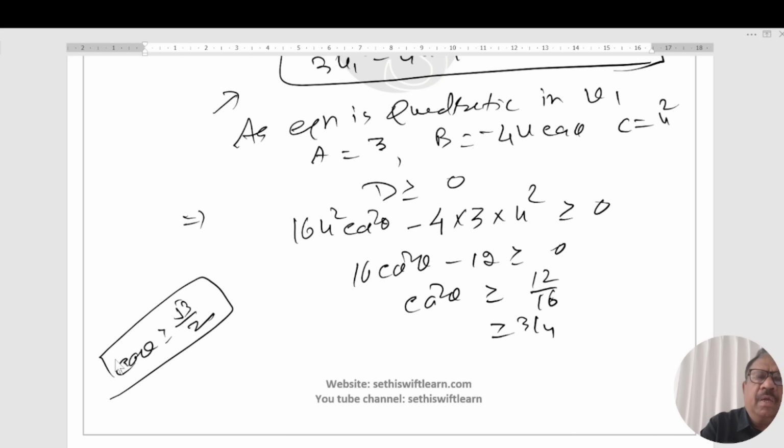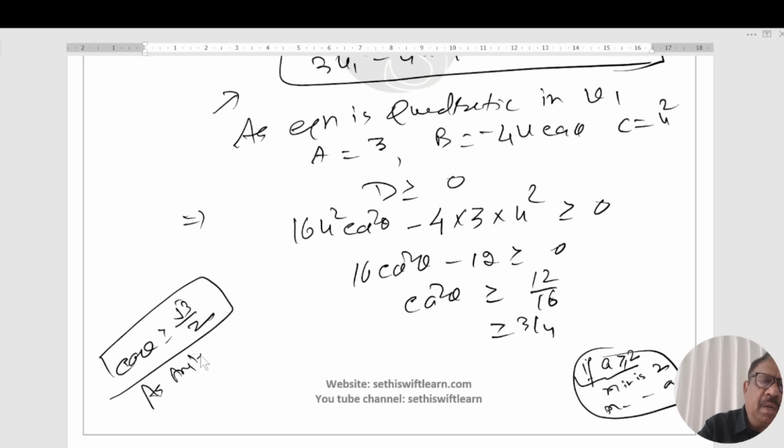But here be careful: as angle theta increases, cos theta decreases.